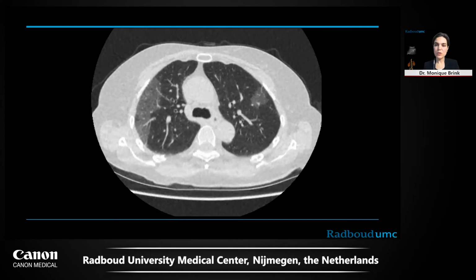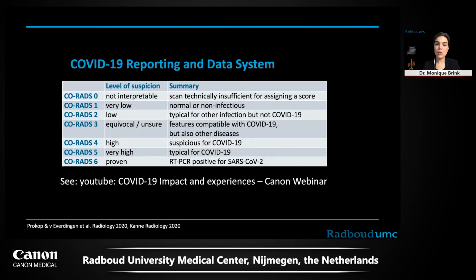In our center, we use a classification scheme to conclude that the presence of COVID-19 is still very likely despite the negative PCR. The scheme we use is the CO-RADS system, the COVID-19 Reporting and Data System, which was introduced by the Dutch Society of Radiology in 2020.